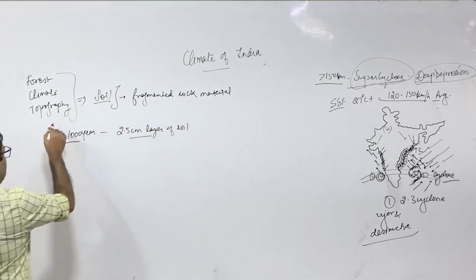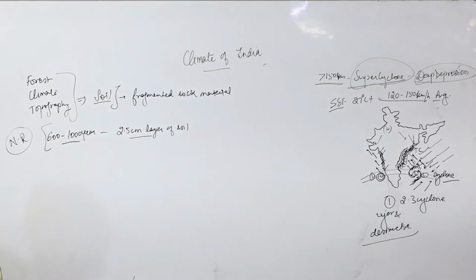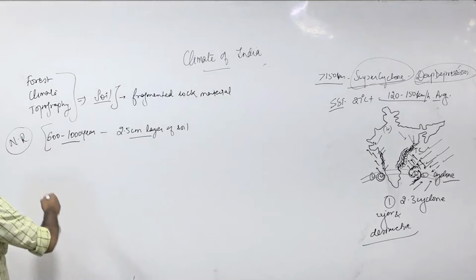It is non renewable. Any natural resource which takes a long time to regenerate is categorized under the non renewable resources. At least 1-2 generations cannot see the renewal of the soil or any resource. That is categorized under the non-renewable resource. Clear? So this is the non-renewable resource.